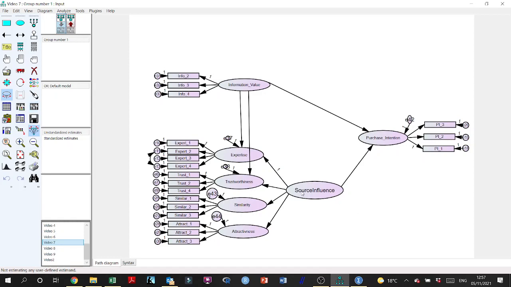Then with this model we got significant loading when we have all these consolidated in a second order factor, but still we couldn't get a significant loading here for information value.